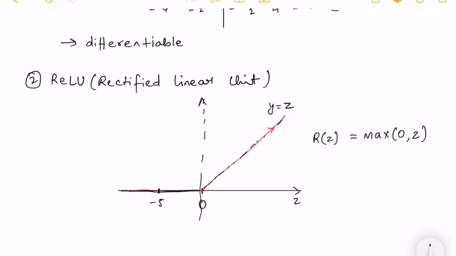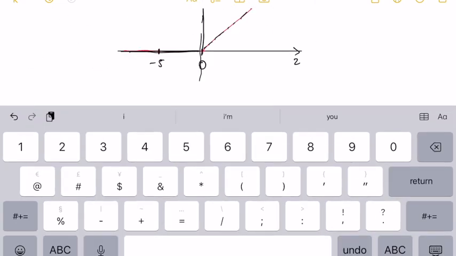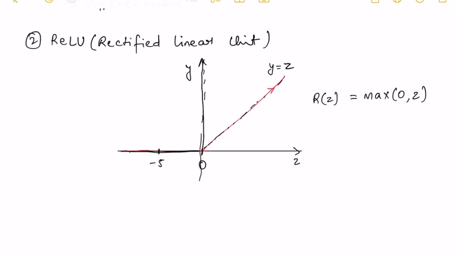And this is the y-axis, which is the output. So what we have here is just a linear activation for positive values and no activation for negative values. So the range of this, as we can see, goes from 0 up to infinity. This is the range of this activation function.